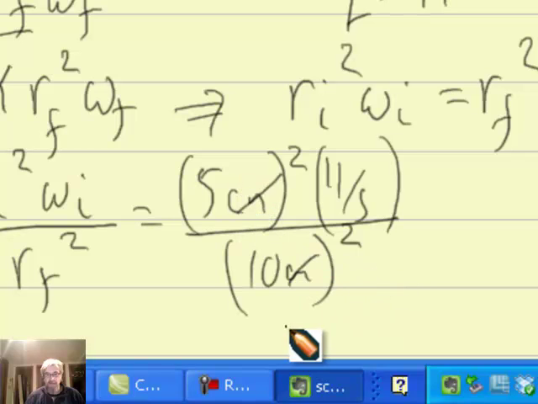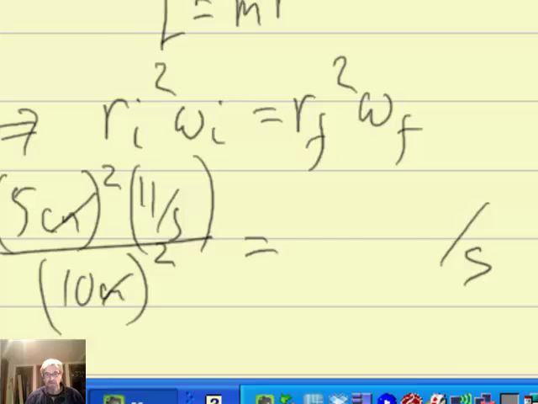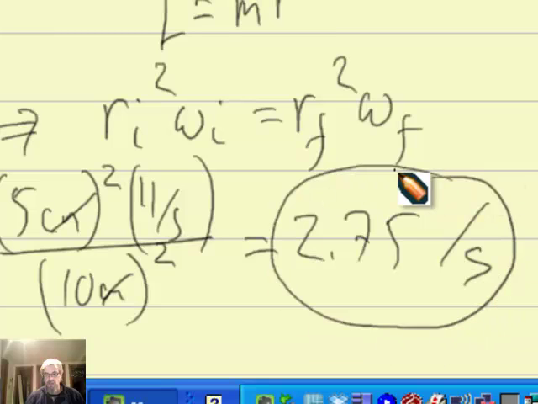So square centimeters are going to drop right out of here, and we're going to get angular velocity units per second. If you take 5 and square it, multiply by 11, divide by 10 squared, you come up with 2.75 radians per second. And that makes sense that if the weight is farther out there, it's going to rotate more slowly.